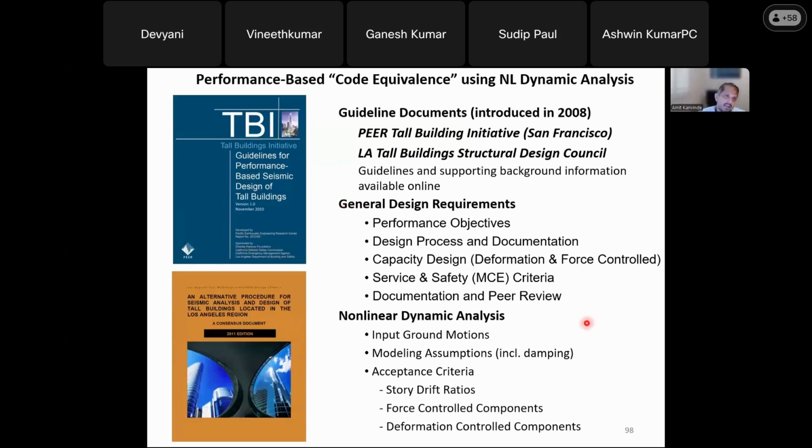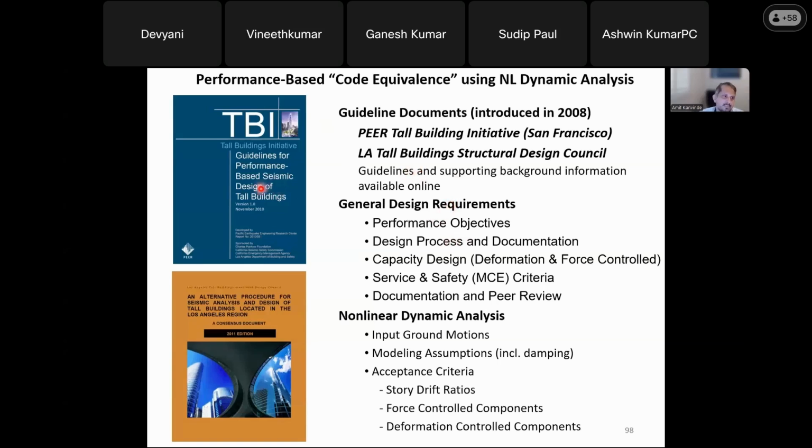So this is largely happening. In fact, I would say that a very large number of buildings in the United States, mid to even high rises for sure, largely don't end up using the seismic provisions as they are, but they end up using performance-based demonstration of code equivalence.